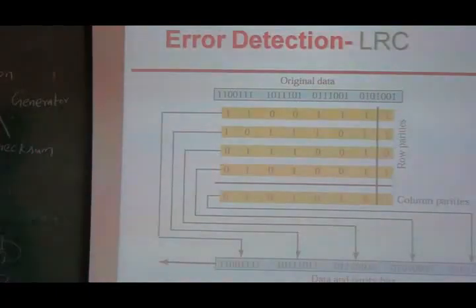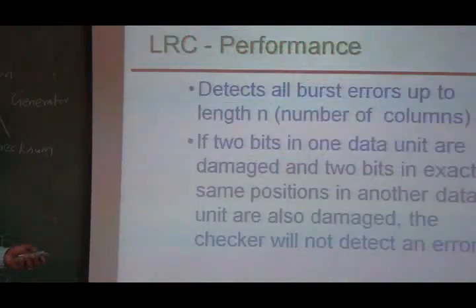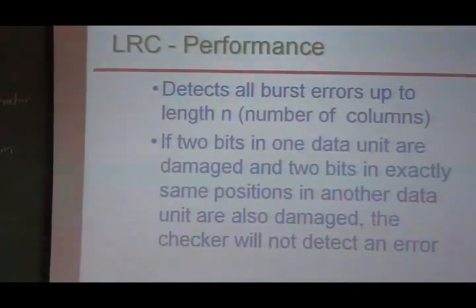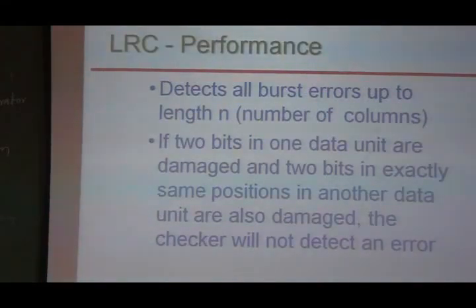The receiver receives these data units and verifies once again whether the odd parity is available or not. If it is there, then there is no problem and it can be accepted, otherwise it is rejected. So the generator and checker can both work everywhere, in the sender and receiver process.